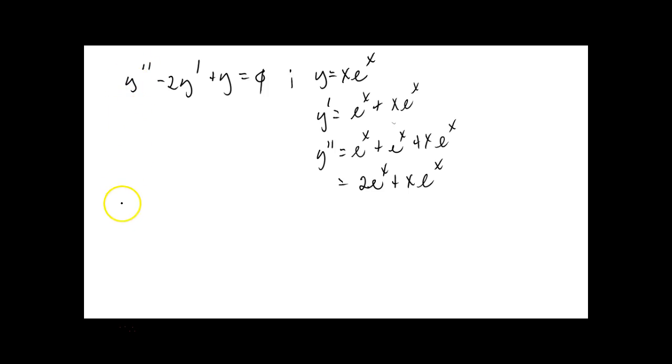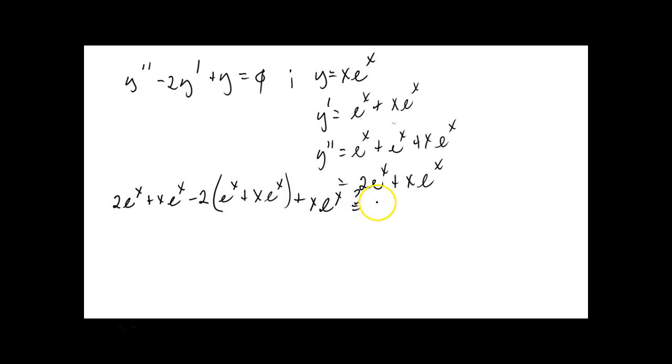Our original differential equation said y double prime, which we found to be 2e to the x plus x e to the x, minus 2 times our y prime, which was e to the x plus x e to the x, plus our y, which was x e to the x.